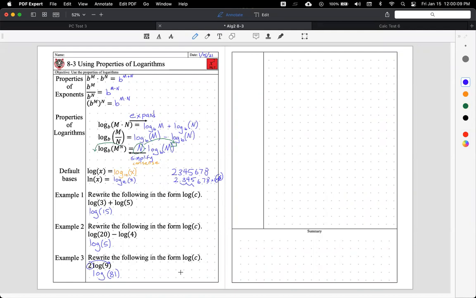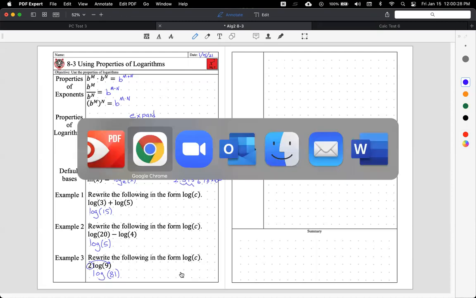I have not heard from Fern or Gunner. 5. You're at a 5. Right, so fist of 5, how well can you use the properties of logarithms?